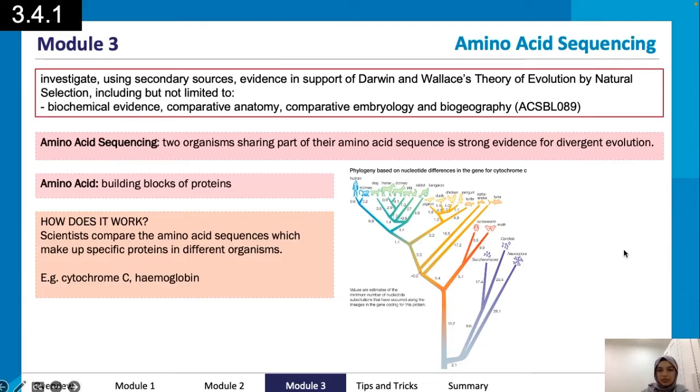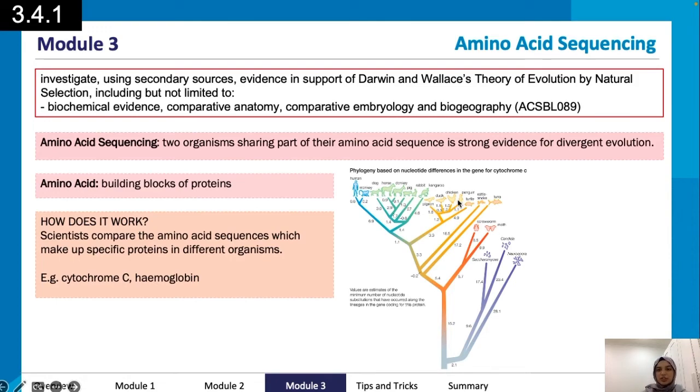And you can see in the photo, it doesn't look quite as simple as we thought. Scientists compare amino acid sequences which make up specific proteins of different organisms, for example cytochrome C, hemoglobin, etc. So we can see here the phylogeny based on nucleotide differences in the gene for cytochrome C. Humans, monkey, donkey, horse, dog, pig, rabbit, kangaroo are sort of having a similar wavelength.